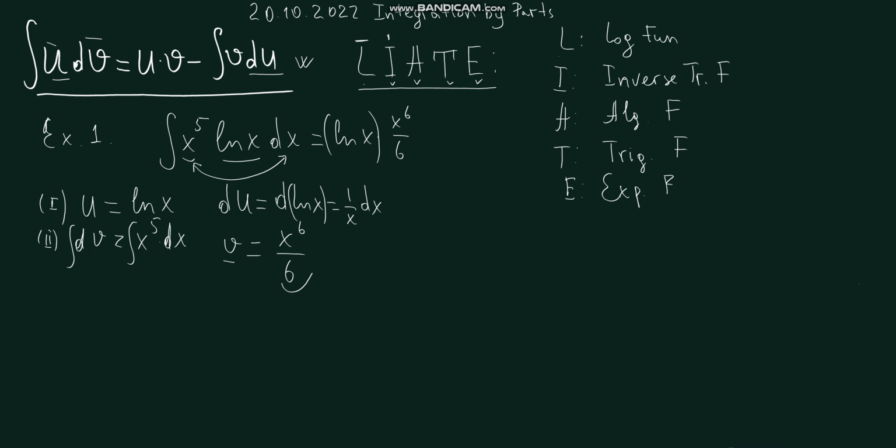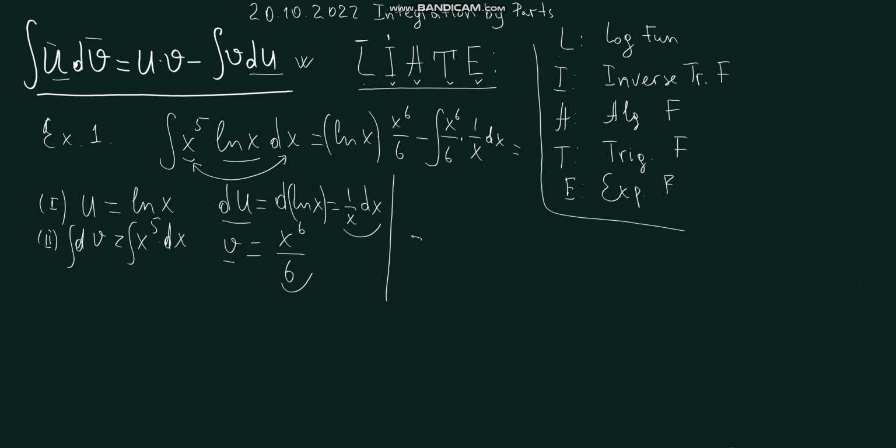Then minus the integral of v du. For v we have x to the 6th power over 6 multiplied by our du, which equals 1 over x dx.